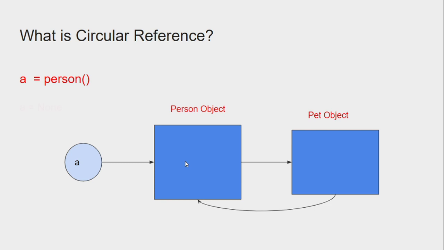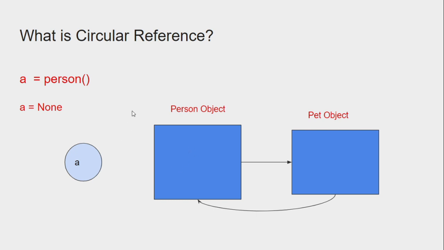Now what is going to happen when you do something like a equals None? The link where the variable a is referencing the person object is going to get removed.